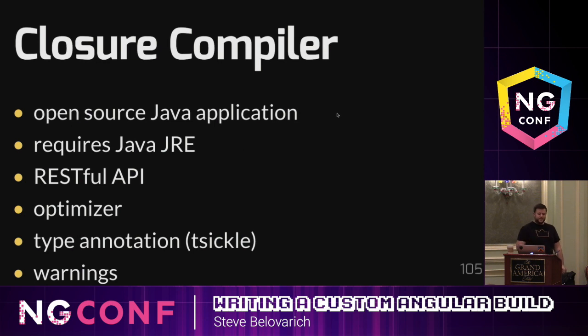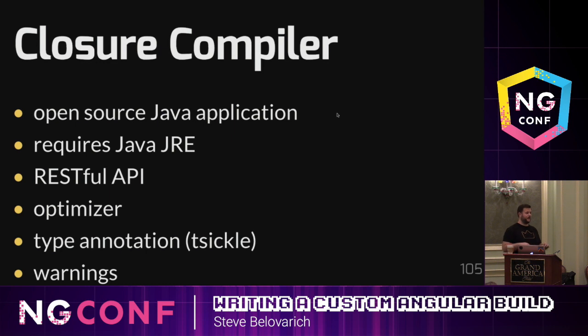Closure compiler does this using type annotations in a very Closure way. But we don't type annotate our code base using Closure. We type annotate our code base using TypeScript. So the Angular team about a year ago came up with this tool called Sickle that will convert all of our TypeScript annotations to Closure annotations for us, which is really awesome.